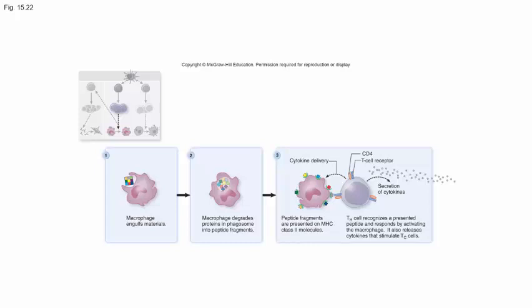But if the microbes cannot be controlled, the macrophage presents some antigen fragments via MHC2 molecules to the helper T cells, which in turn release cytokines that enhance macrophage activity. The macrophages that are activated demonstrate a ruffled plasma membrane. They have also increased number of lysosomes and produce the antimicrobial substance nitric oxide.